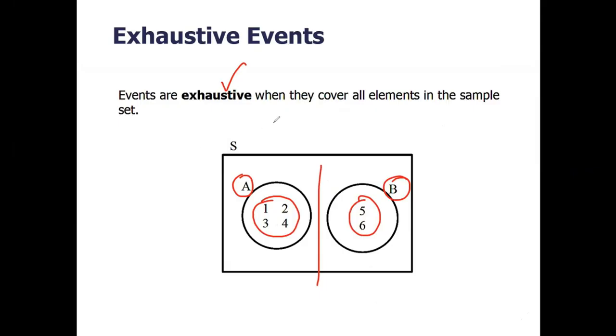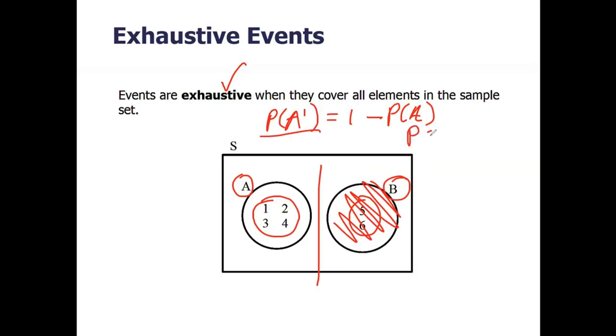And in this case, the probability of not A will be equal to 1 minus the probability of A. I mean, what is not A in this case anyway? It's B. So if we take 1, which is the probability of the sample space, and we subtract A, what are we left with? We're left with B, which is not A. And it's the same vice versa for B anyway.